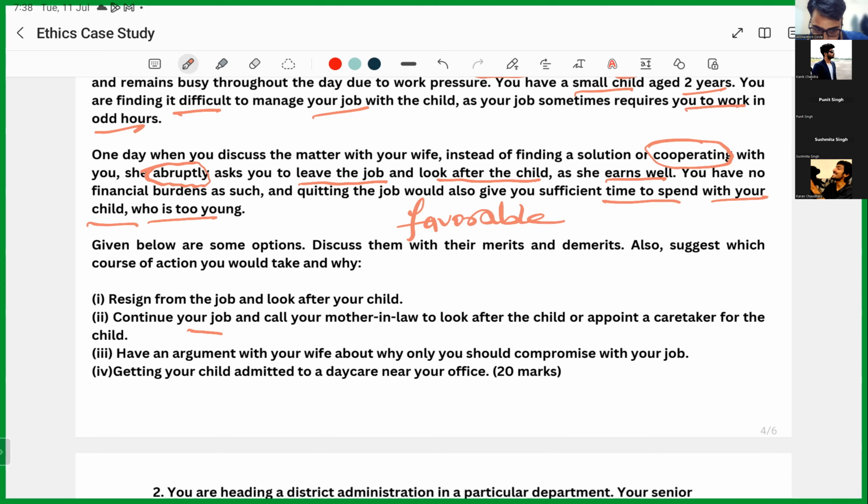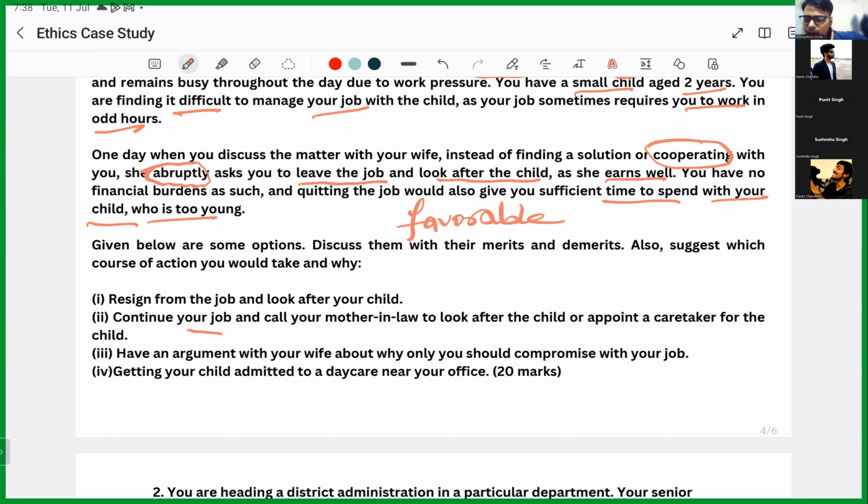Fine. Second thing, again, talk about the justice. Your wife has said something and a relationship is going on. Is it justifiable from the point of view of the relationship? Justice is again a keyword from the ethical perspective.